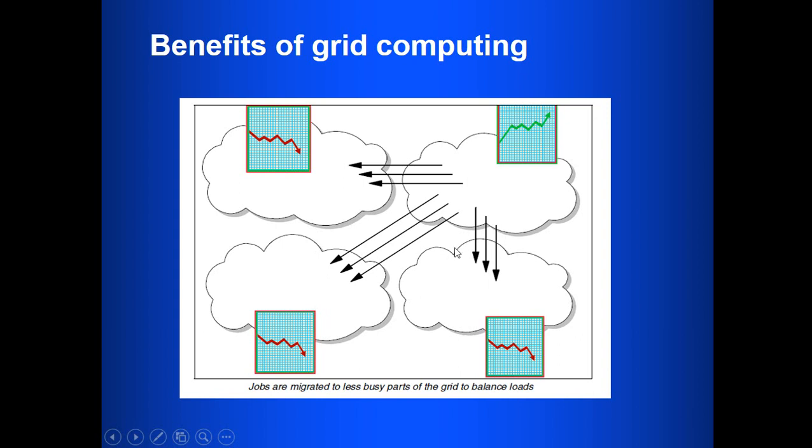Jobs are migrated to less busy parts of the grid. Again, you can see jobs are migrated to less busy parts of the grid to balance load.